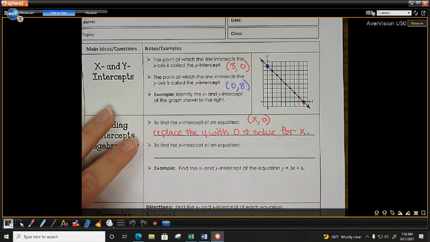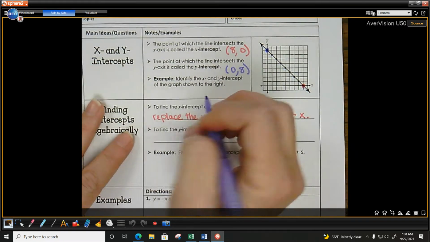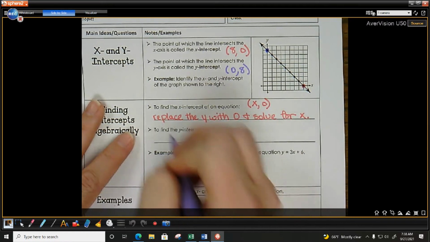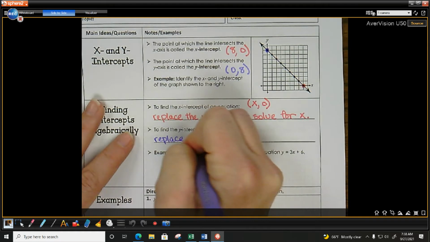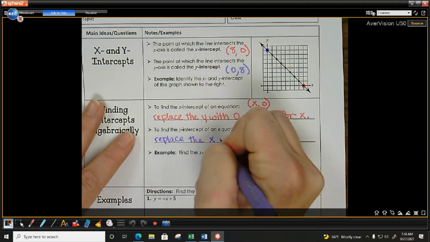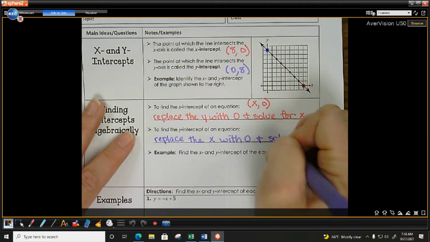Okay? So then we're going to follow the same process to find our y-intercept. But instead of replacing y with 0, we're going to replace x with 0 and solve for y.